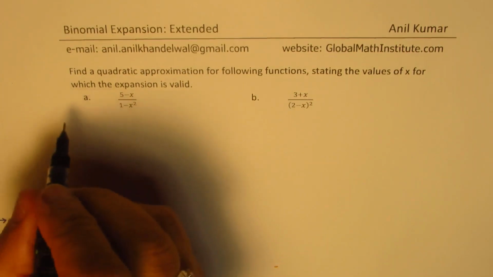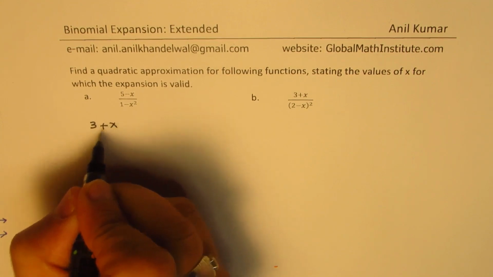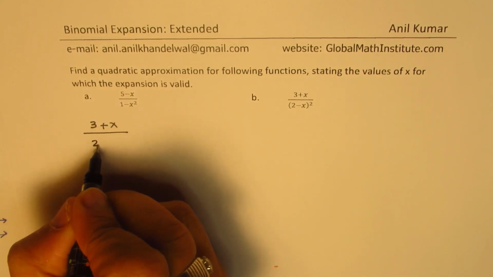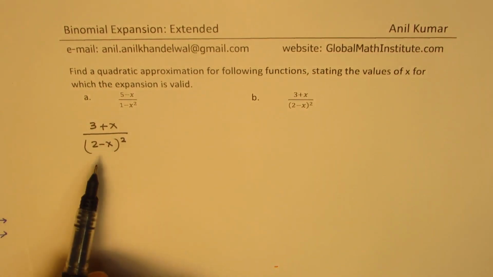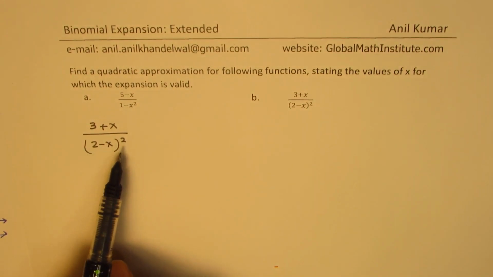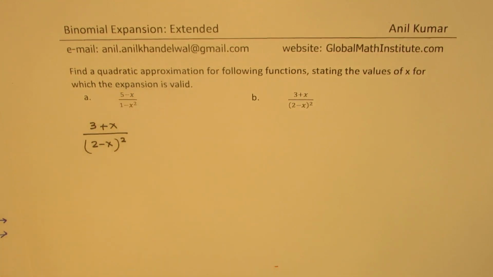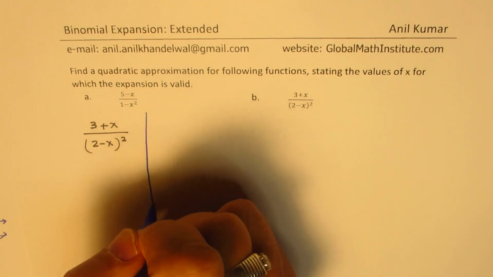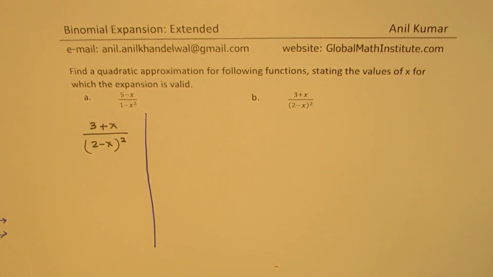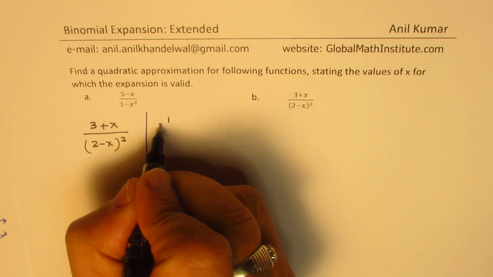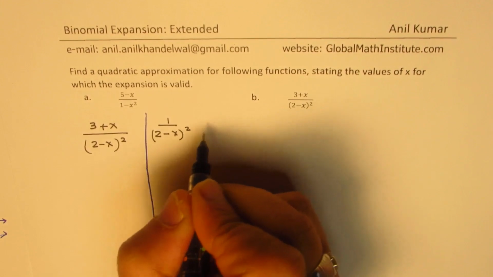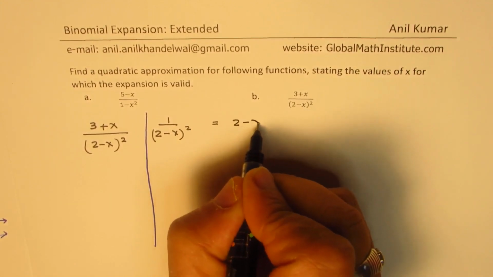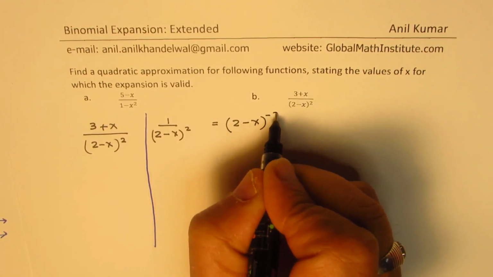Now let's take up the solution for the second part, which is (3 plus x) over (2 minus x) whole squared. In this, we have to work on (2 minus x) whole squared, and then we can write this as a quadratic approximation. So let's work on this part. 1 over (2 minus x) whole squared can be written as (2 minus x) to the power of minus 2.